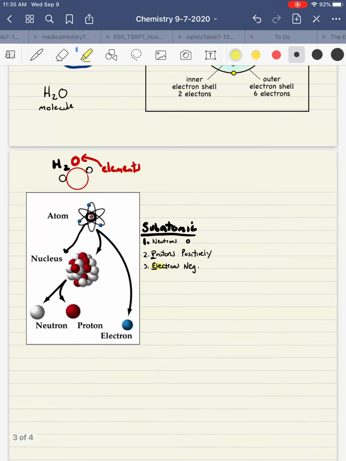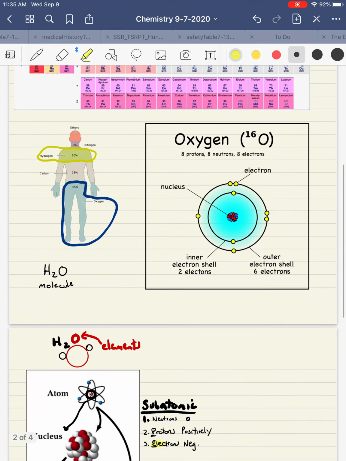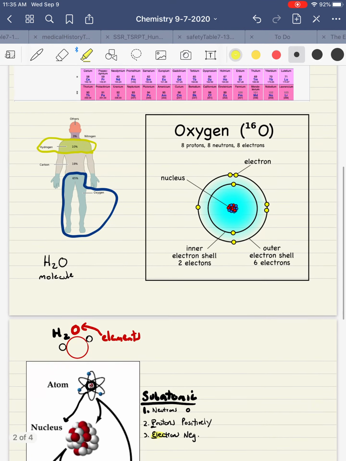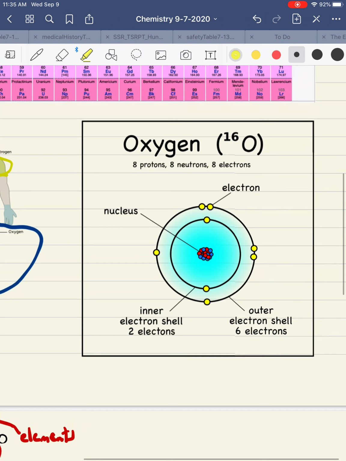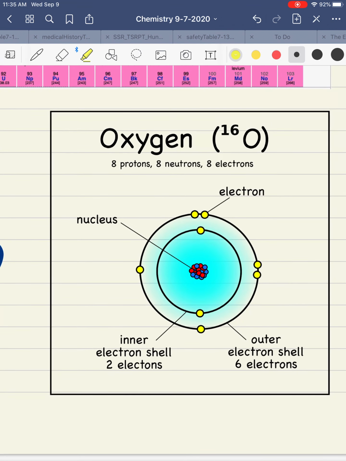Now let's look at an example of our element oxygen, or atom of oxygen. The oxygen atom has the protons and the neutrons, and they are part of the nucleus. Actually, let me use a different color.